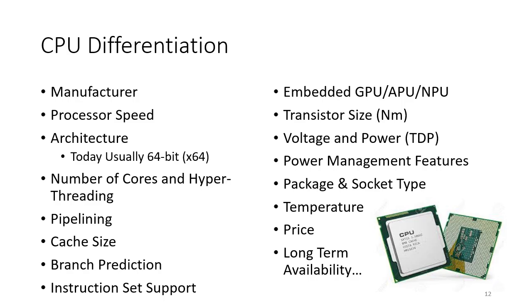So smaller nanometer sizes do help when you're thinking about the amount of cache, you're thinking about the number of cores you've got, and also, as I mentioned, it relates to the speed and it relates to the power as well. Voltage and power, that relates from there as well. Voltage, probably not so important because you don't really have much control over that as a user.